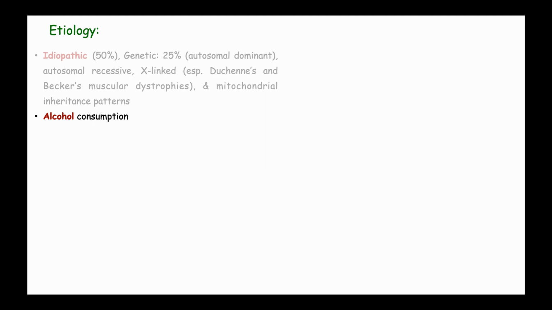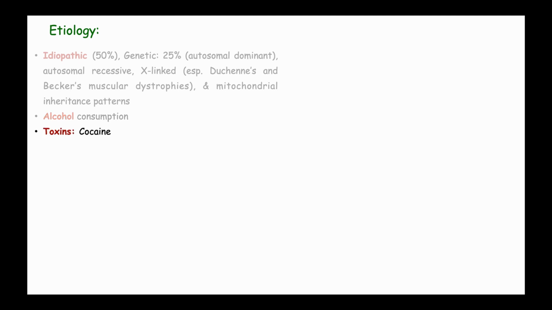It is for this reason that we must always rule out alcohol as a factor, because alcohol-related cardiomyopathy is potentially reversible. Reducing alcohol consumption may show a dramatic improvement in the ventricular function of such patients, though this may vary between individuals.